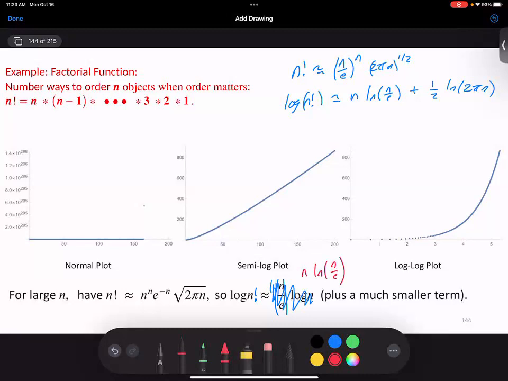Now, I told you mathematicians are lazy. Mathematicians are also really good at recognizing patterns. So when you look at Stirling's formula, is there any part of it that jumps out at you as a nice quantity? Square root of 2 pi, right? Where have you seen square root of 2 pi?